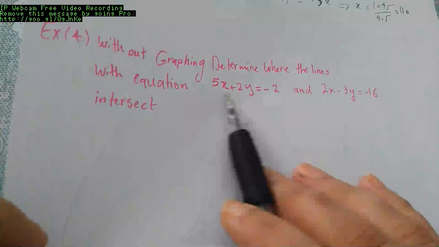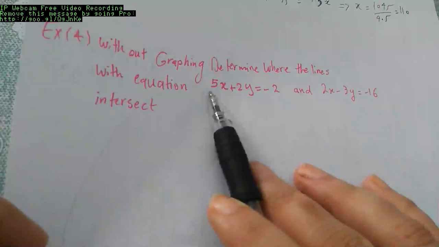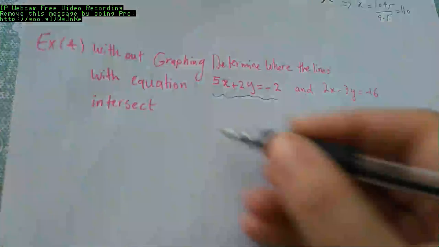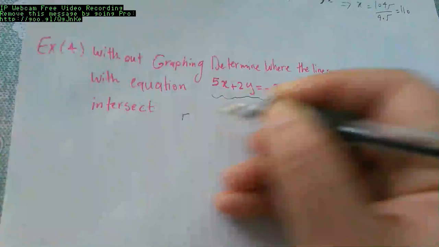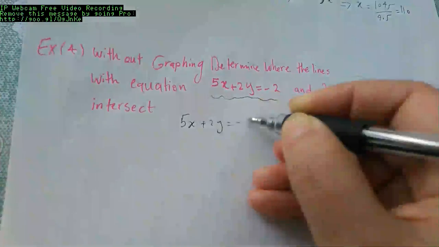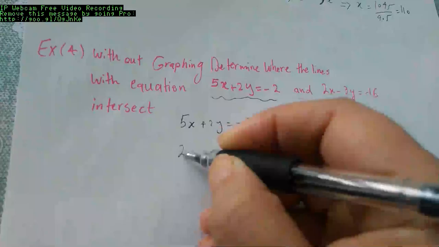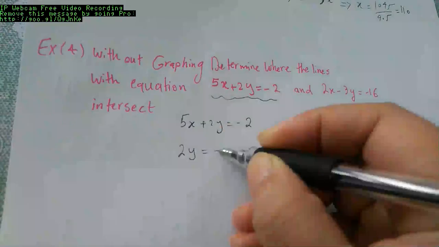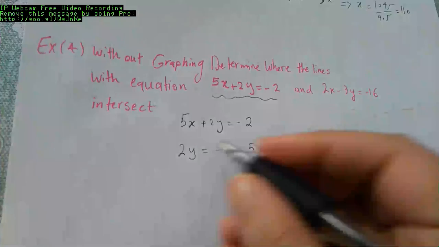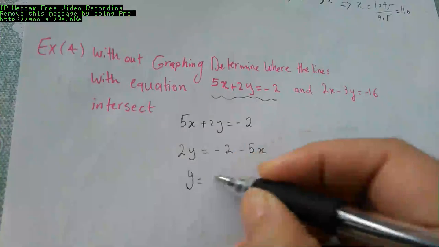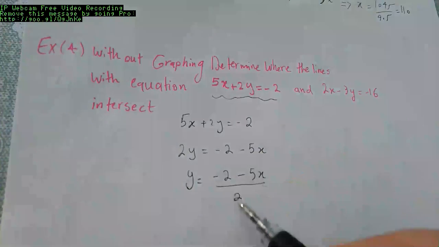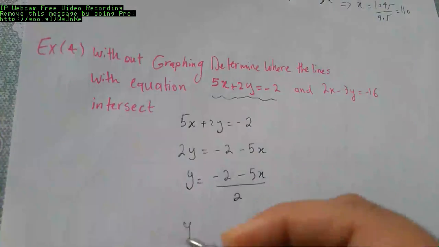For the first one, I can rearrange it for y. So I take the first one. It's going to be 5x plus 2y is equal to -2. So 2y is equal to -2 minus 5x. Y is equal to (-2 minus 5x) divided by 2. So the denominator is 2, which means I give the denominator to each term.